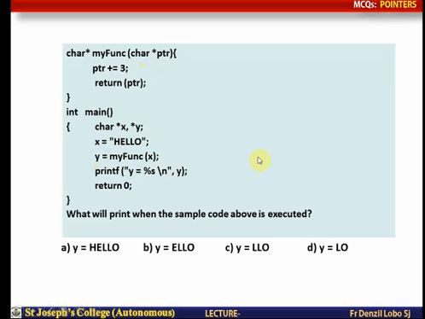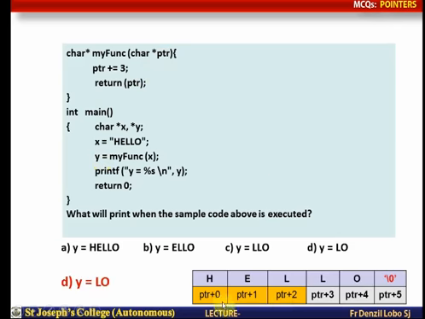So what will print when the sample code is executed? It is going to return y, that is ptr plus 3. So it is going to return lo, because h is at ptr plus 0, and ptr plus 3 is l o, and then naturally there is a null character. So it is going to print only lo.